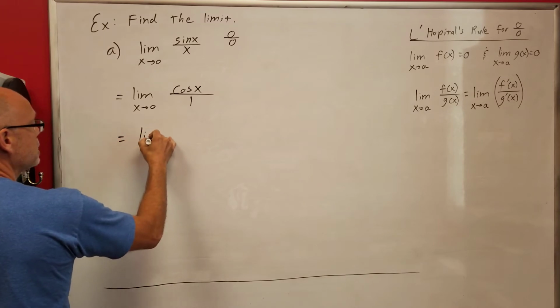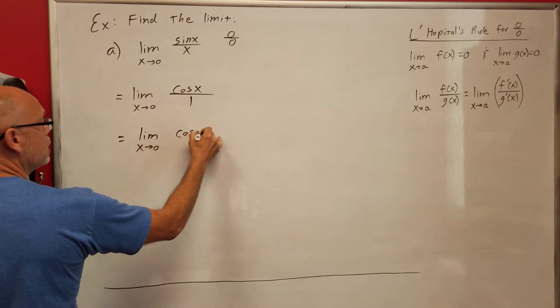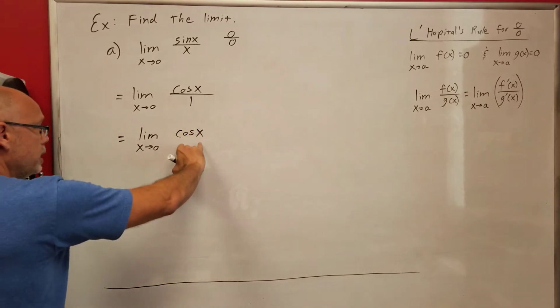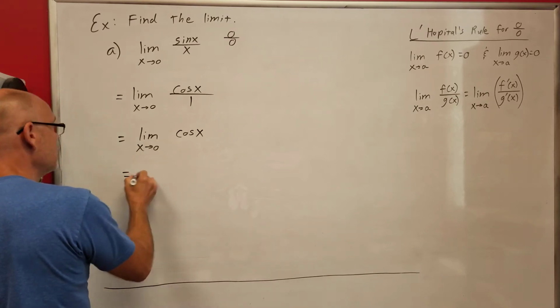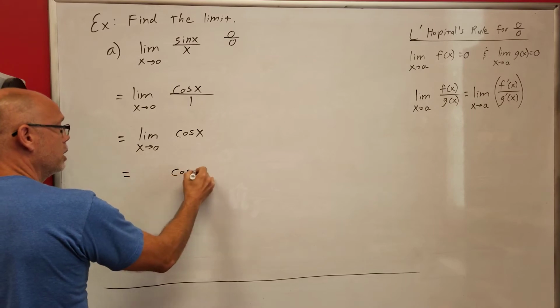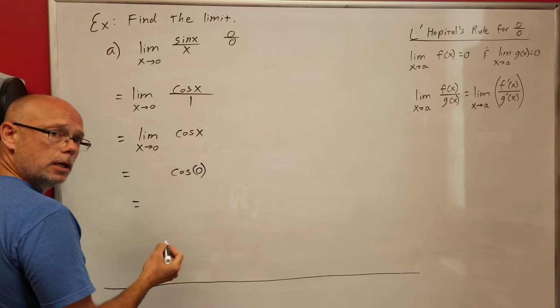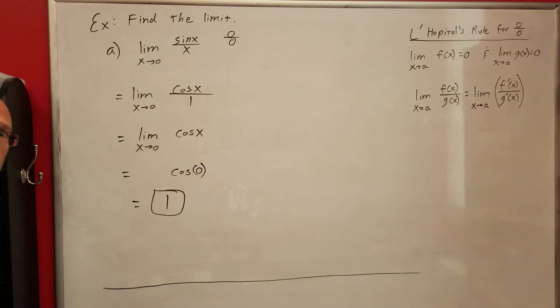Wasn't that the same thing as the limit as x approaches 0 of cosine of x? Now I could do this if this limit exists, or if it's infinity or negative infinity. Well, let's see. What happens as x goes to 0? We can look at it like the cosine of 0. And what's the cosine of 0? 1. There we go. That limit is 1.